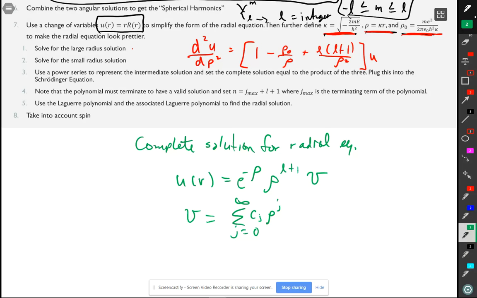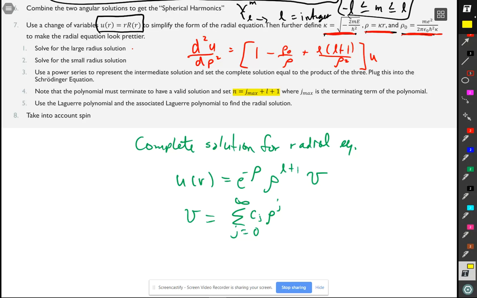And using the fact that it must terminate, we defined n as equal to the terminating j, the maximum j, plus L plus 1. The reason we defined that was because the j plus L plus 1 appeared in our recursive relationship.